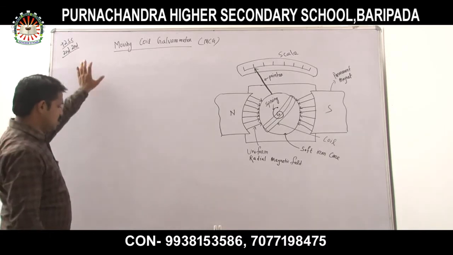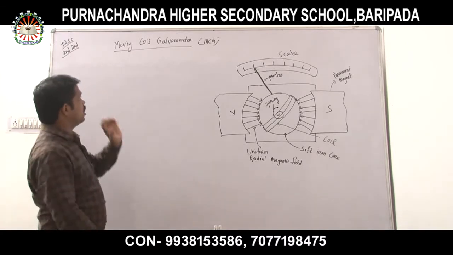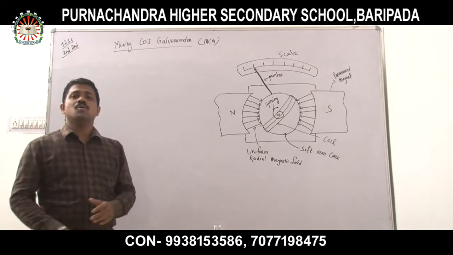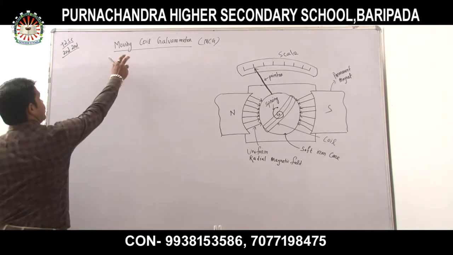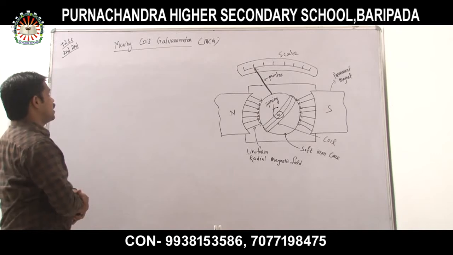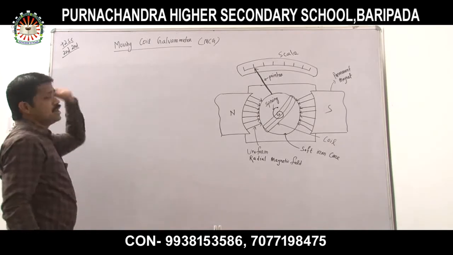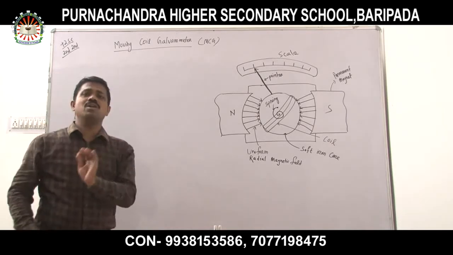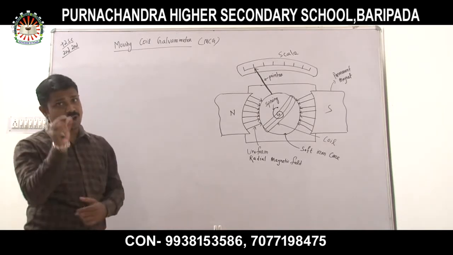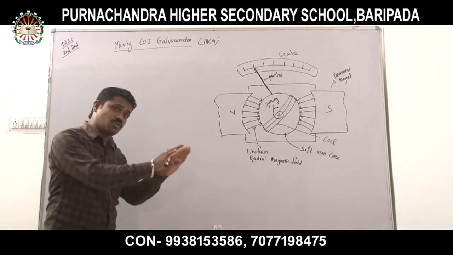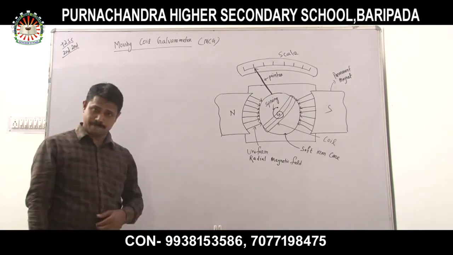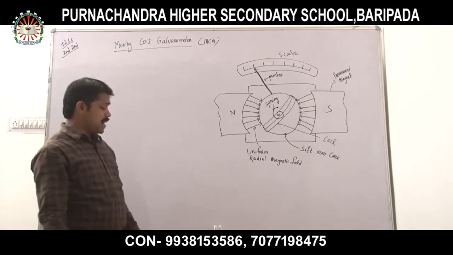So first we will discuss what happens actually in a moving coil galvanometer. We know that it is a device which is used to detect small currents, the small amount of current. Listen very carefully, because there is also a device to measure the current, that is called an ammeter.